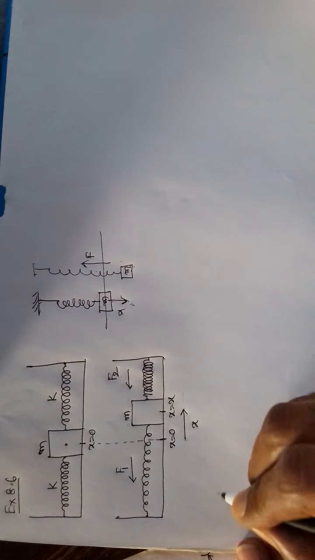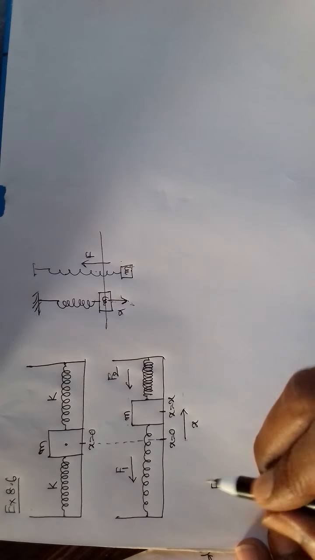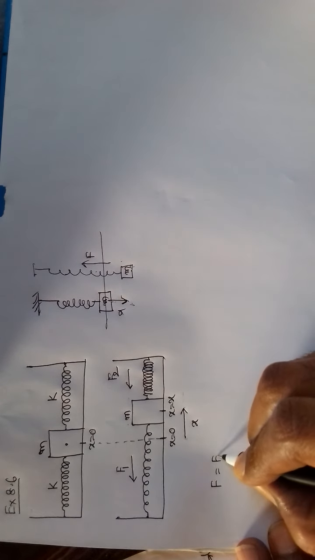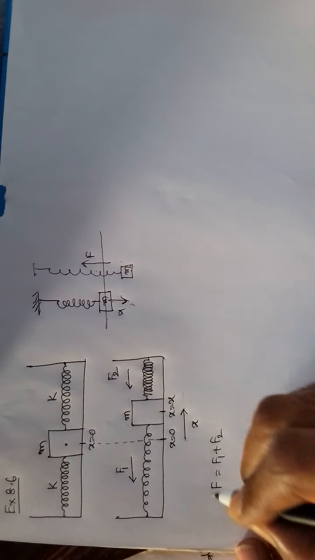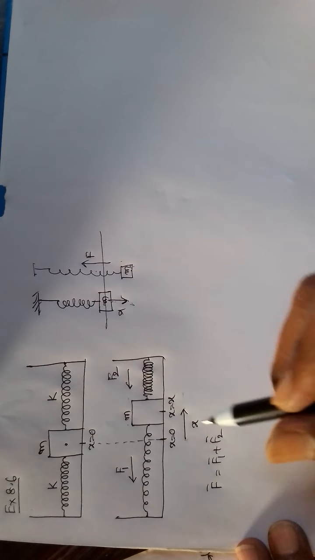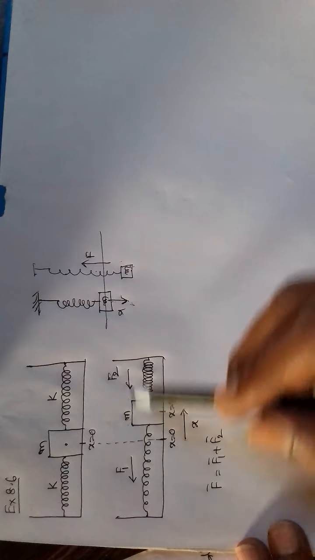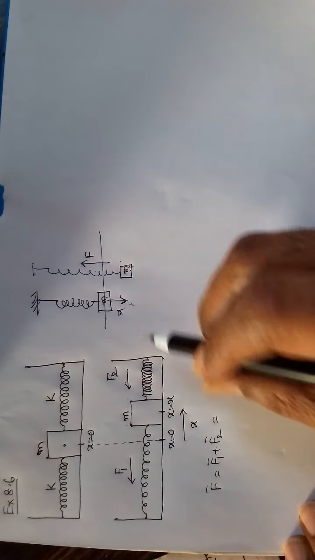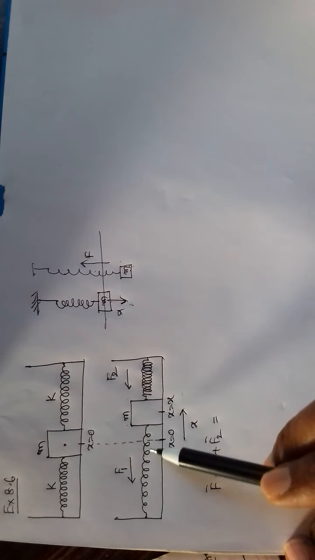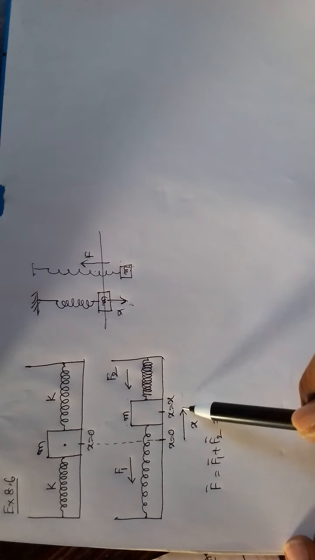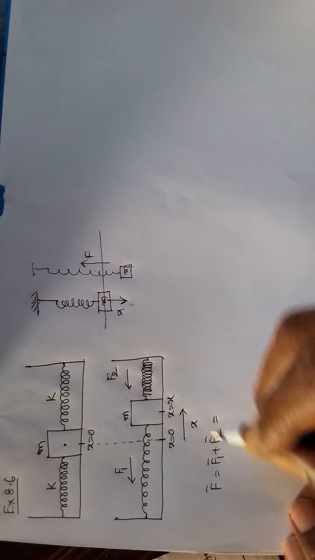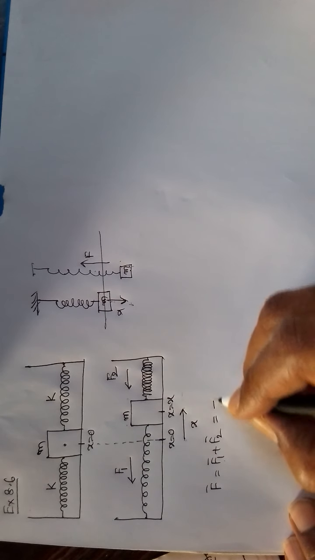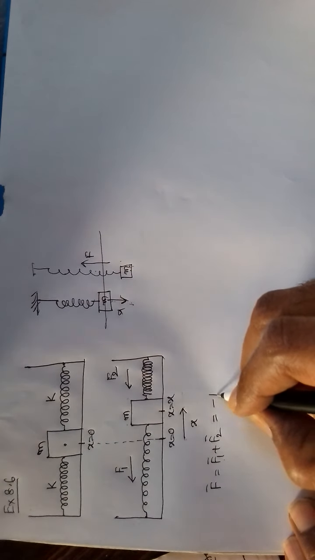Therefore, the total force on the mass is F1 plus F2, because these two forces are in the same direction. Here F1 is in the opposite direction to x. Therefore, for this we write minus kx.